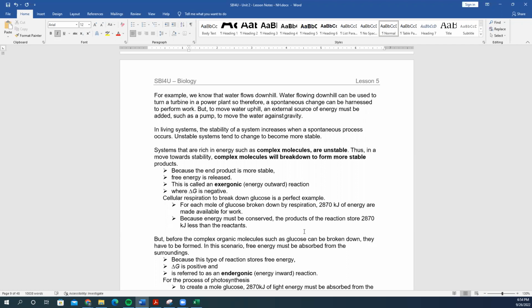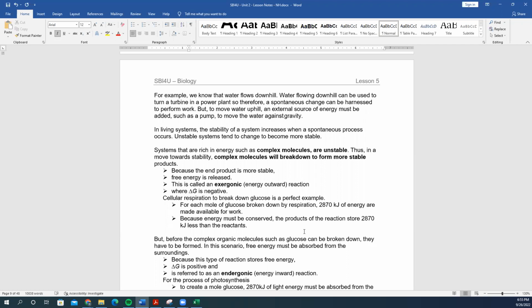In living systems, the stability of a system will increase when you have a spontaneous process happening. Something that happens very spontaneously tends to lead to more stability. And when you have unstable systems, they typically want to become more stable and will tend to go through some sort of change to become more stable.